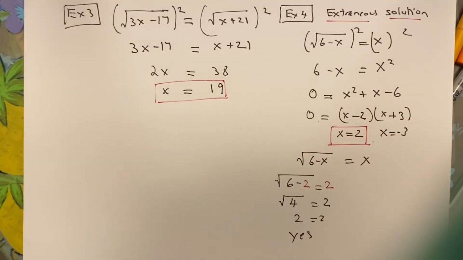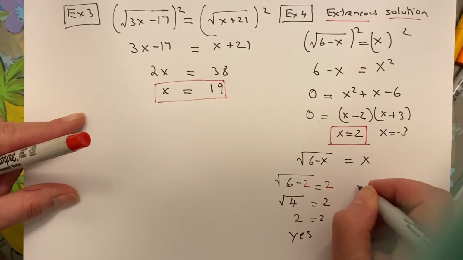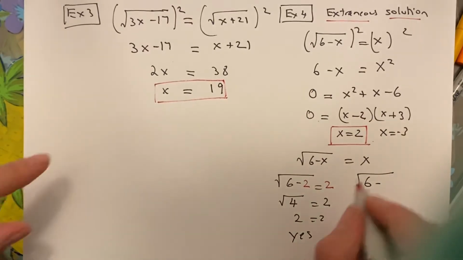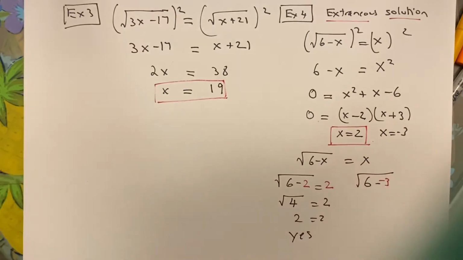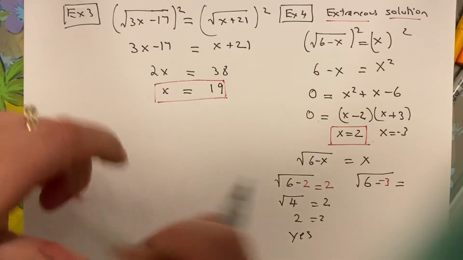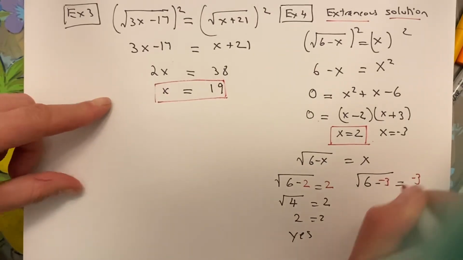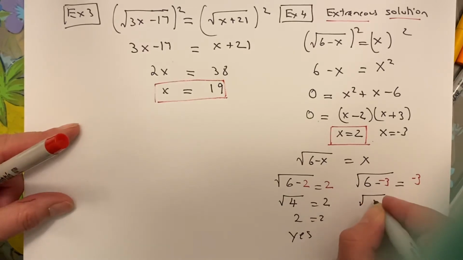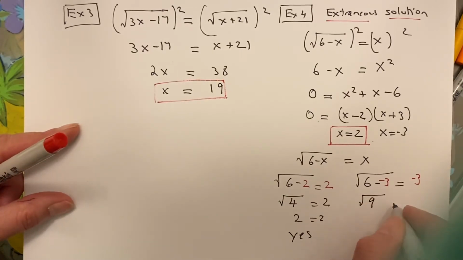Now let me try -3. Square root of 6 minus -3 equals -3. The square root of 6 minus -3 is the square root of 9, right? 6 plus 3 is 9.